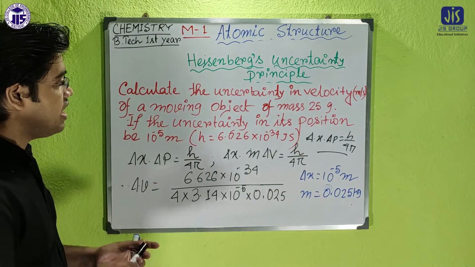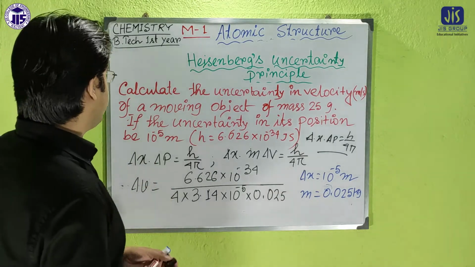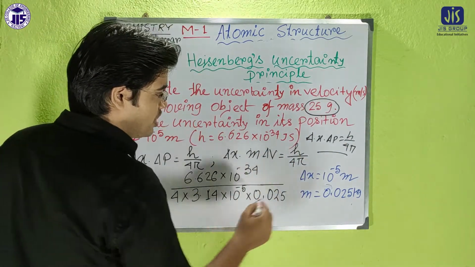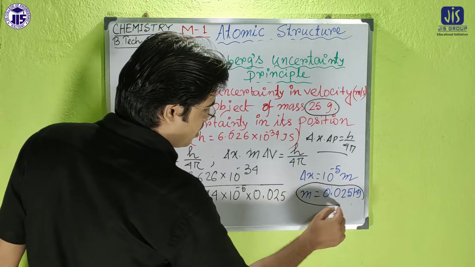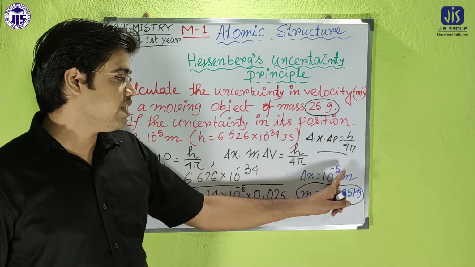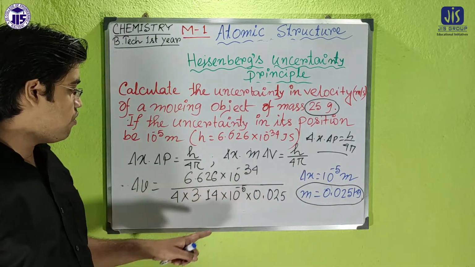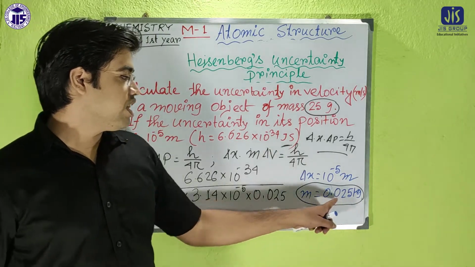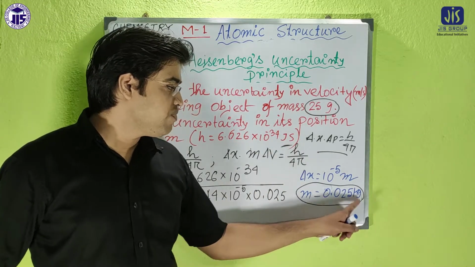Now, what is given in the question? The mass is 25 gram. Here we convert gram to kg, so that all units are in SI, since h is given in joule second. So we take the mass in kg.